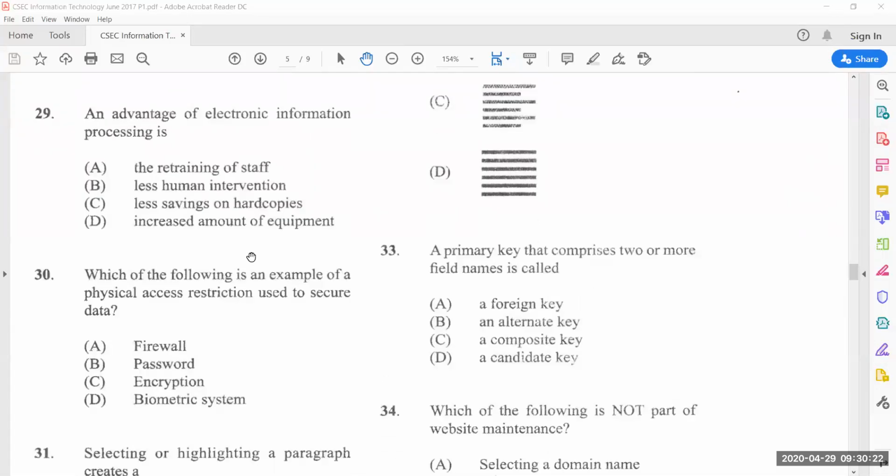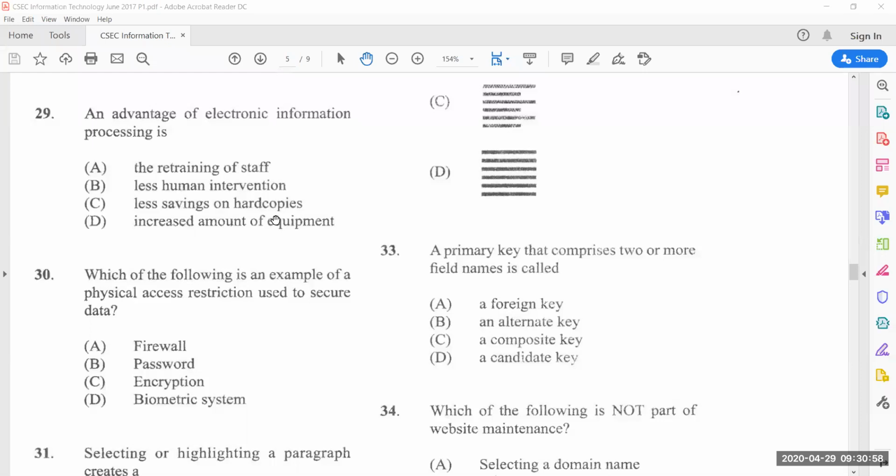All right, 29. An advantage of electronic information processing is, and you have some options: retraining of staff, less human intervention, less savings on hard copies, and increased amount of equipment. Okay, so less human intervention is the advantage of information processing.